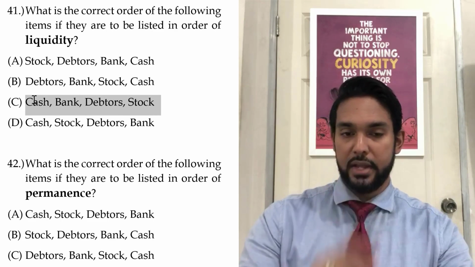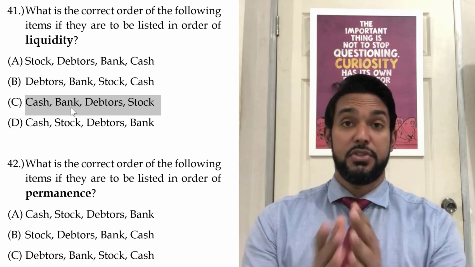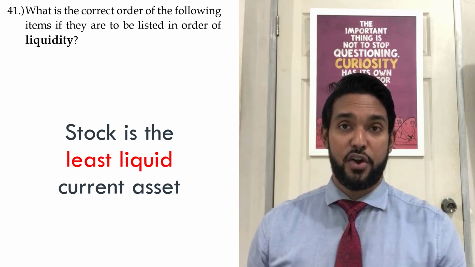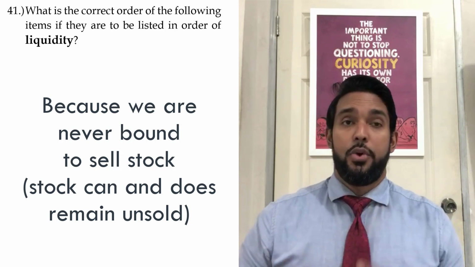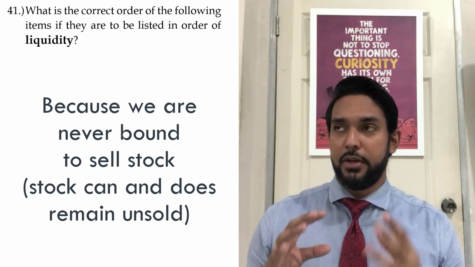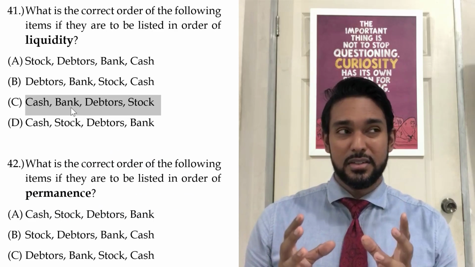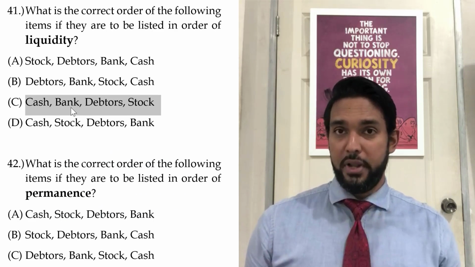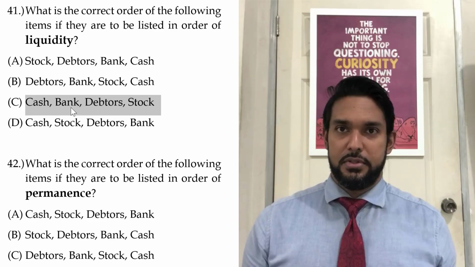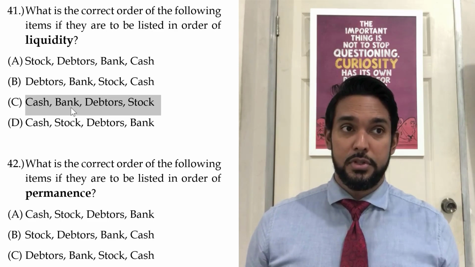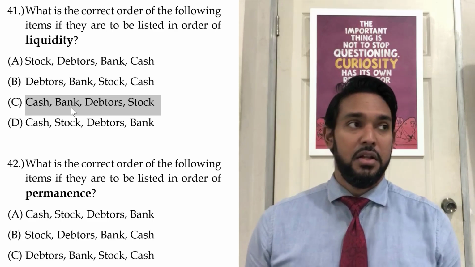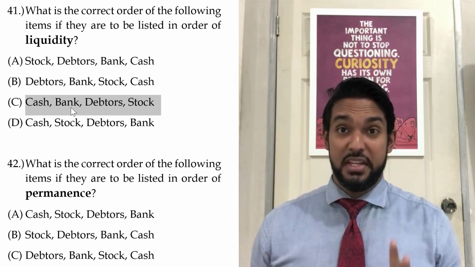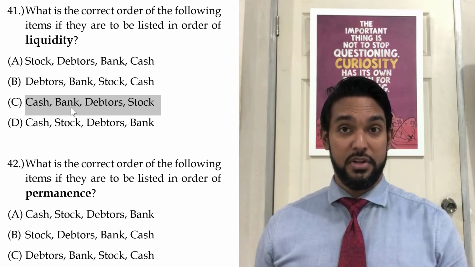Now let me explain why it's debtors and then stock. First of all, stock is the least liquid current asset because we're never bound to sell stock. Right now we're in the COVID-19 times, and I know things are now getting back to somewhat normal. Places are reopening, but think about before this, a lot of stores were closed, and all of their stock, whether it's clothes or shoes, apparel, electronics, whatever the case is, they were just in the store doing nothing.